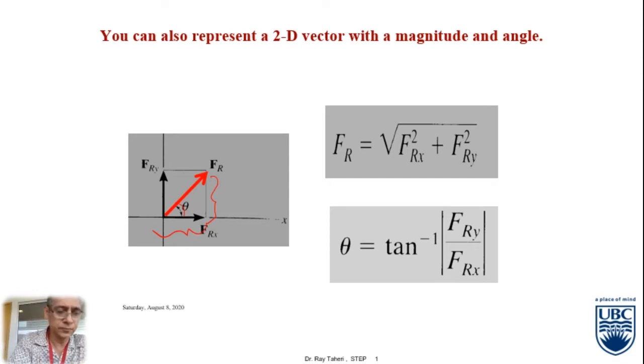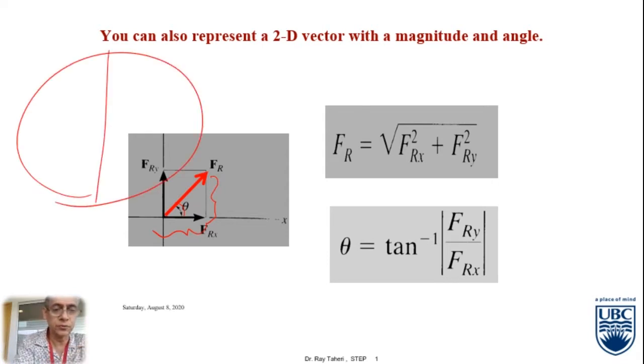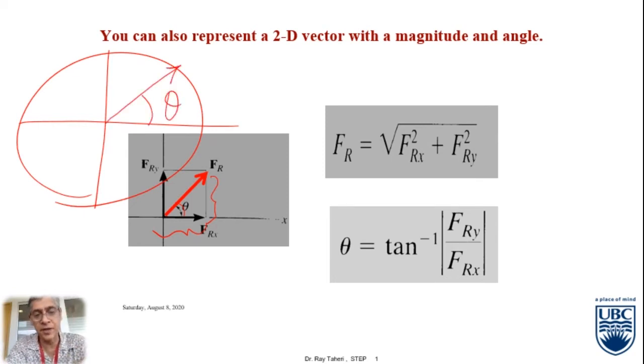Let's just do it a little better. So from 0 to 90 degrees, if we have this angle, both x and y are positive. This is the first quadrant.